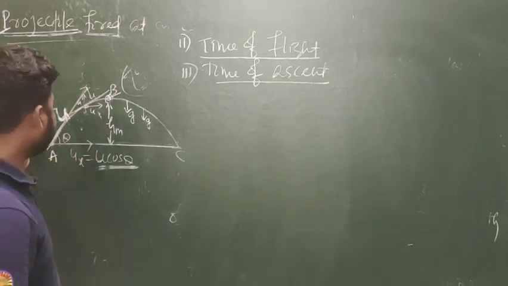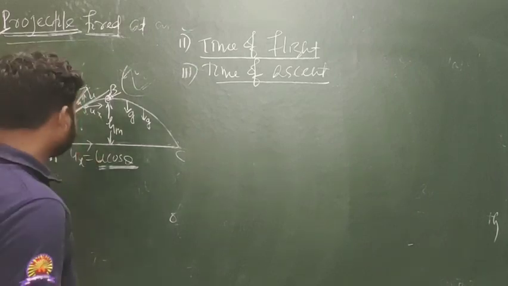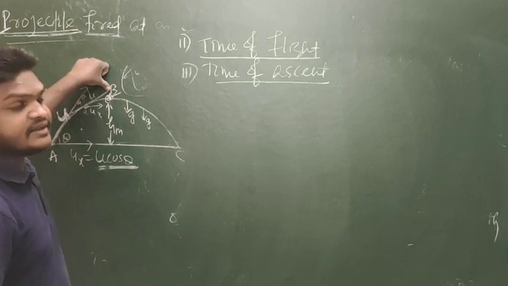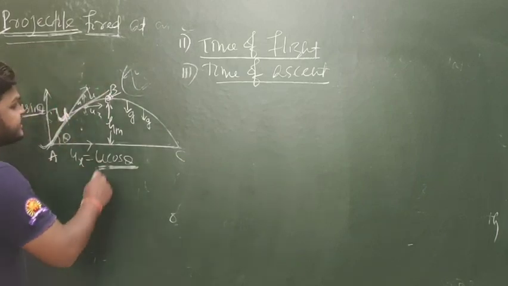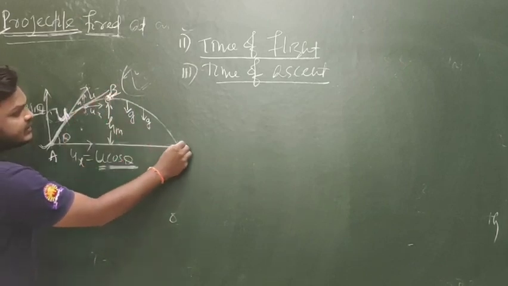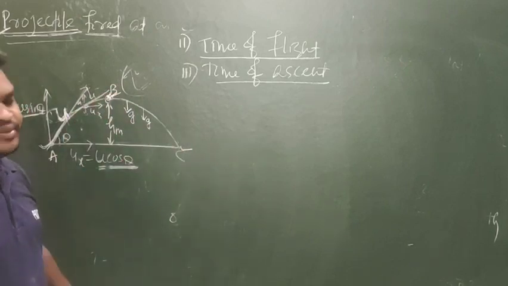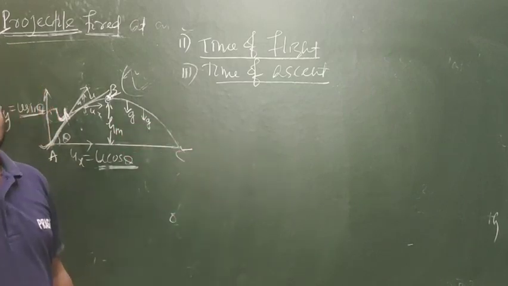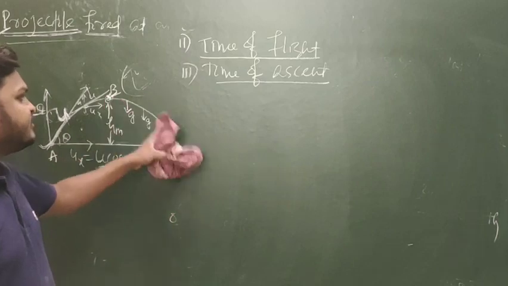That means the time required by the projectile to reach from ground level to maximum height. That is time of ascent. And time of descent means the time taken by the projectile to reach from maximum height to the projection level. Projection level means the horizontal plane, where it again hits the ground. That is time of descent.